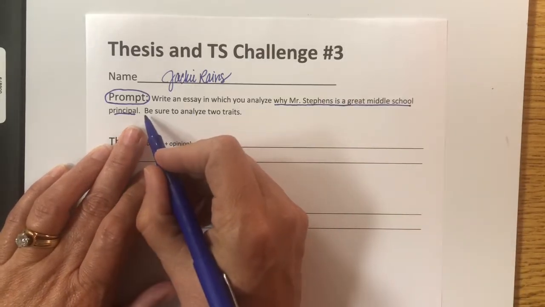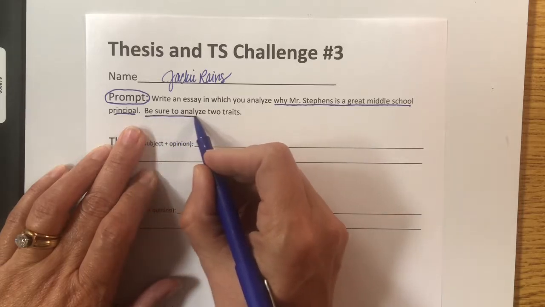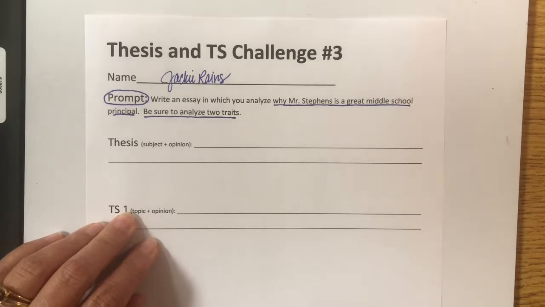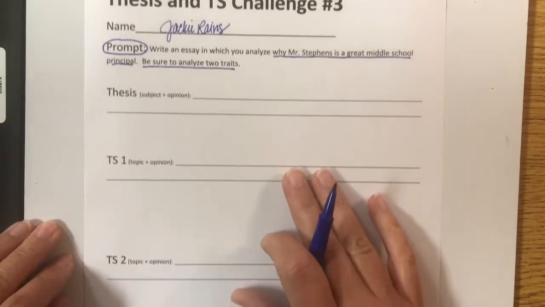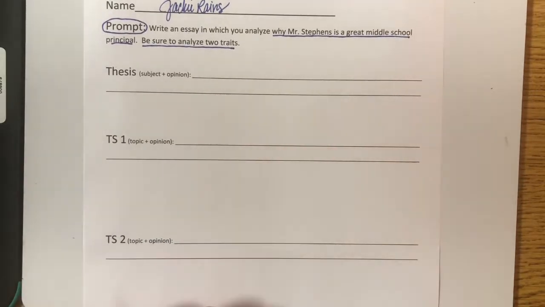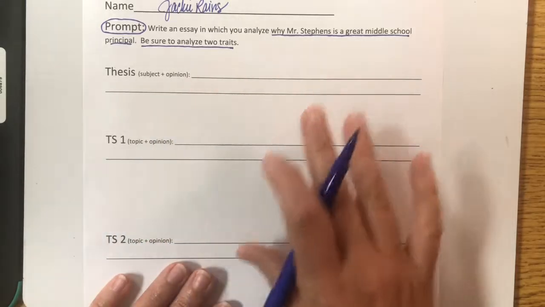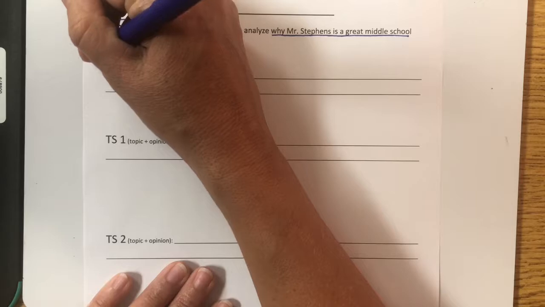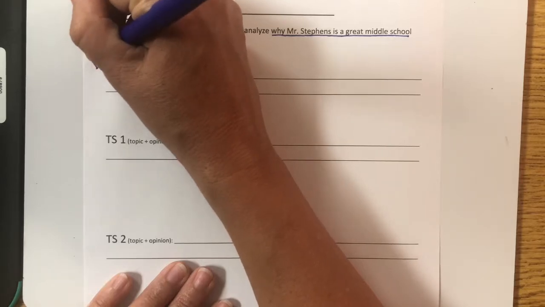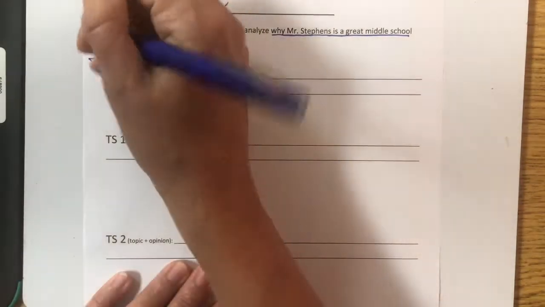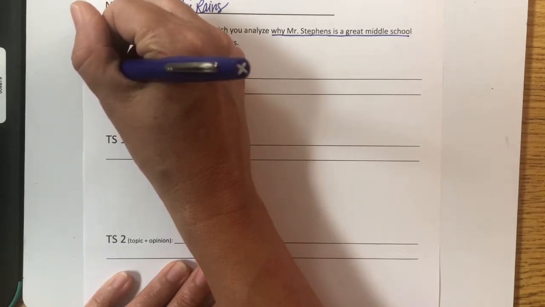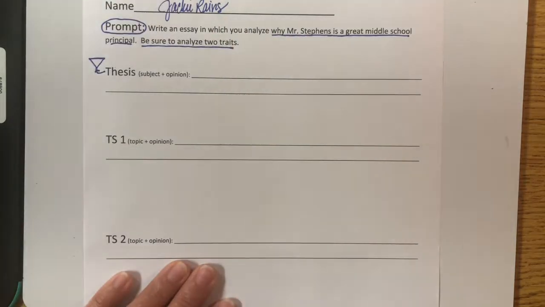Now, I'm going to ask you to be sure in your essay to analyze at least 2 traits about Mr. Stevens. So what I'd like you to do right now is to think about how would you break this essay up. So we know that the thesis is in the introduction paragraph, which is shaped like this, and it is the last sentence right there at the bottom of the introduction paragraph.